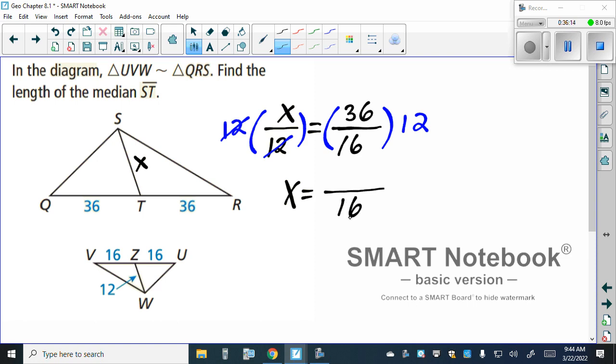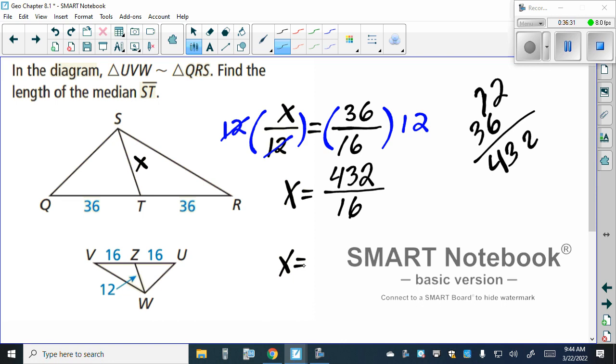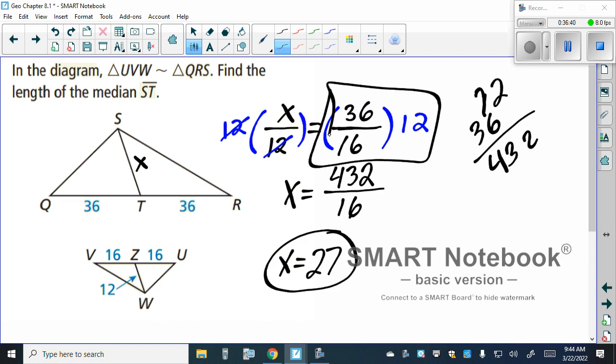So we could multiply 36 and 12 together, which would give us 432. And divide that by 16 and get 27. Or, realistically, we could have just plugged that in, parentheses, 36 over 16, close parentheses, times 12. Hit enter and got our answer. And we get 27. Any questions on this here?